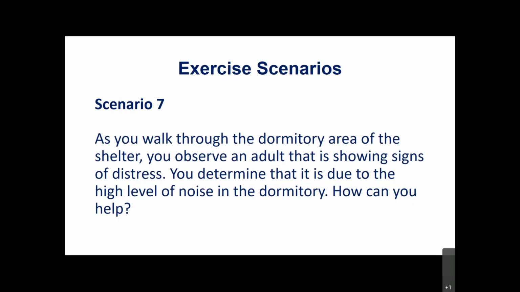Someone else suggested seeing if there was a more quiet area in the shelter that they would be willing to move to. But I think we also need to chat with the individual and find out what is causing them distress. It might be the noise, it might be something else. But if it is the noise, these are all really great suggestions.